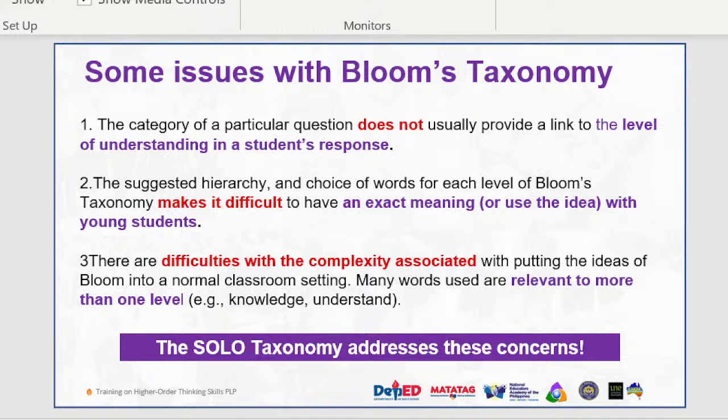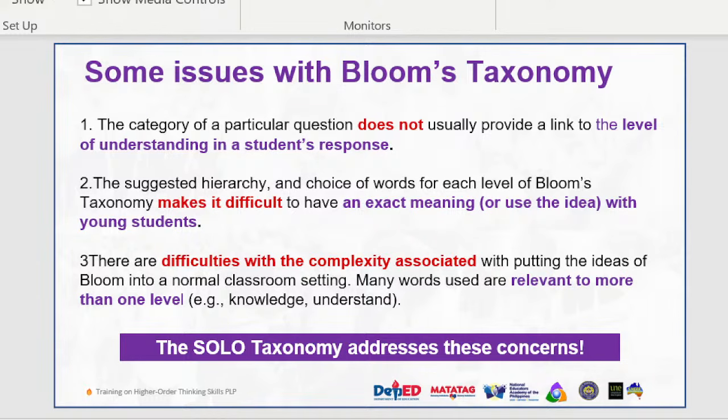You may look at how good your test questions are, because in the TOS you have questions under analyzing, synthesizing, or evaluating, but the students are giving lower order thinking answers or not being able to answer at all. So that's one of the issues of Bloom's taxonomy.